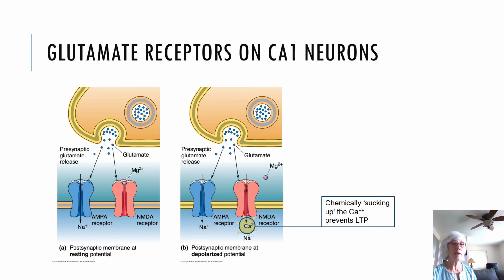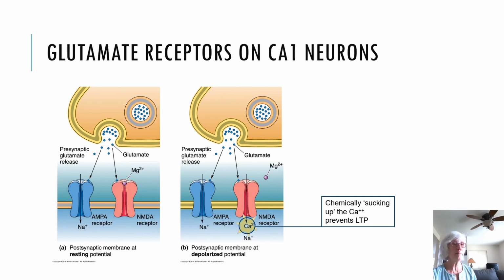The calcium that enters into the CA1 cell is involved in LTP, and we know that because we can use chemicals to, in quotes, suck up the calcium that moves through the NMDA receptor, so we can bind up that calcium so the calcium is not effective.